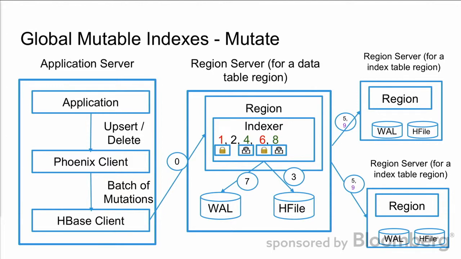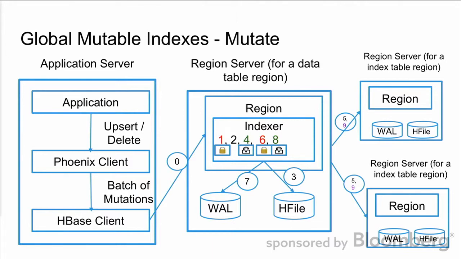Then we release the lock at step 8, and if we detected a concurrent update for the row for the data table, we don't continue with step 9 of updating index verified status to true, we just return. But if there are no concurrent updates, we go and set the index verified value to true.